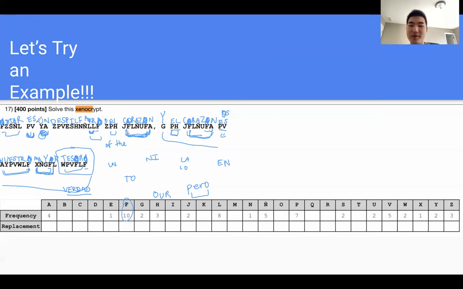I don't quite remember, but it's something like that. Despilfarro is waste. So basically it's saying this action is a waste of the heart. Oh, hate. That makes a lot more sense than smelling. So basically hating is a waste of your heart, in the abstract sense, and the heart is our greatest treasure, so don't waste it.